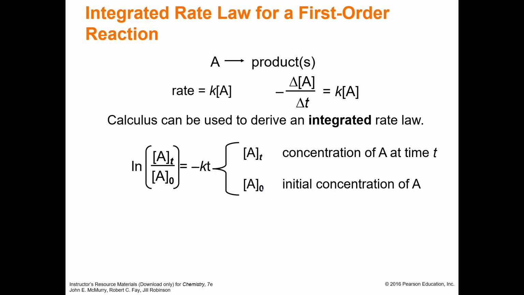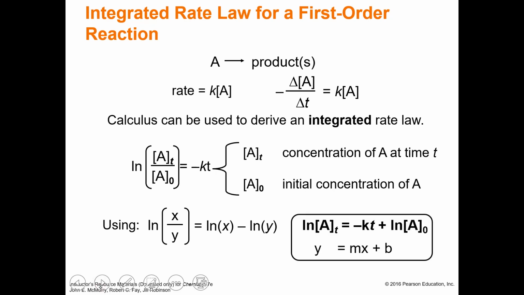We like things in a form where we can graph them, because that makes our lives much easier when we need to determine things like the slope and the initial concentration. So I won't go through all the steps to rearrange this. But the form that we actually use, and that's most important, is the natural log of A at time t is equal to the negative of kt plus the natural log of A at time 0.